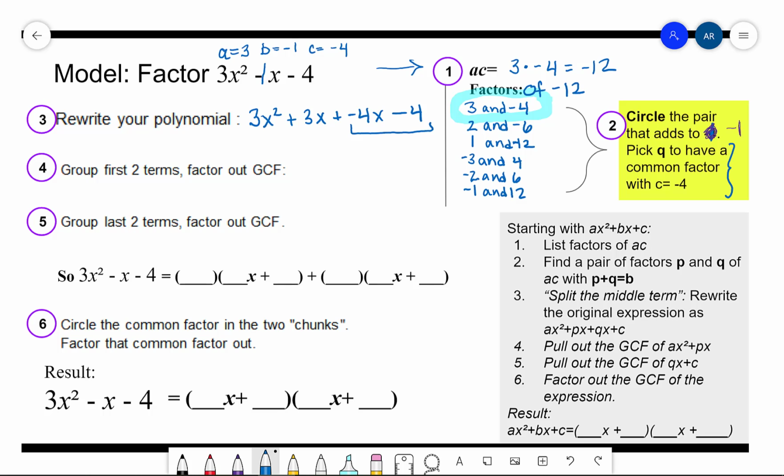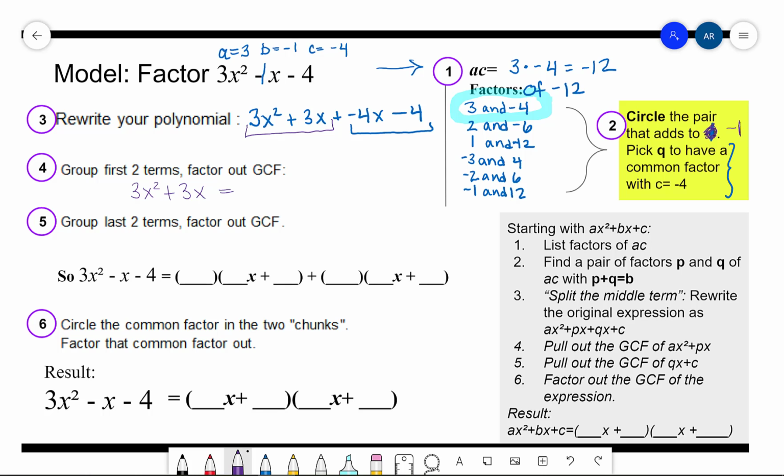When you're doing these steps in real life, you might choose not to have a separate line for each of these, but I'm going to do that here just to make it real clear. So first, we're going to look at the group of the first two terms, the 3x squared plus 3x. I'm looking for the greatest common factor, the GCF of these.